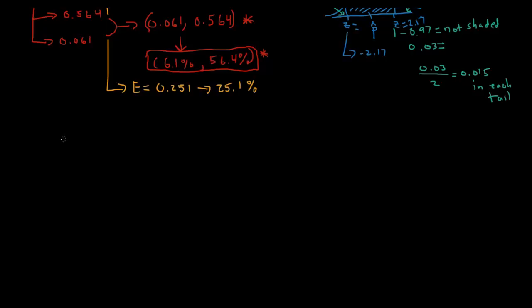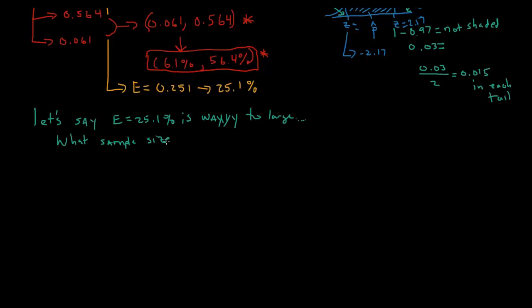Again, we've already answered our question, but let's say E, the margin of error, equals 25.1%, which is way too large, and we want to figure out what sample size is required to bring E down to 5%.